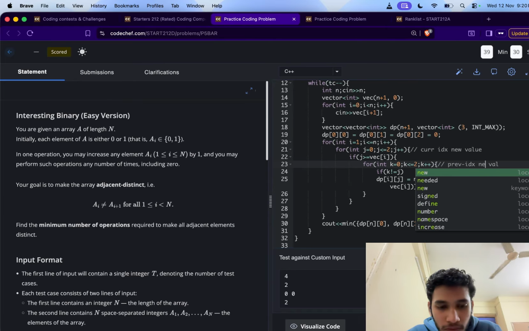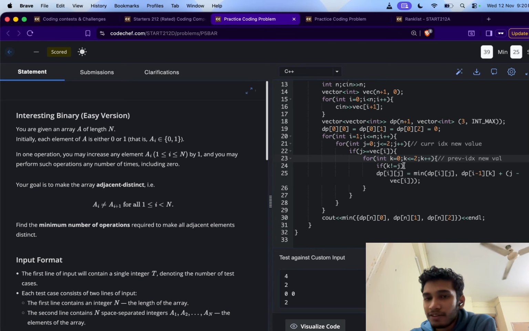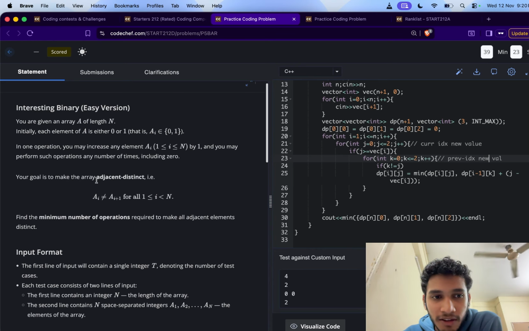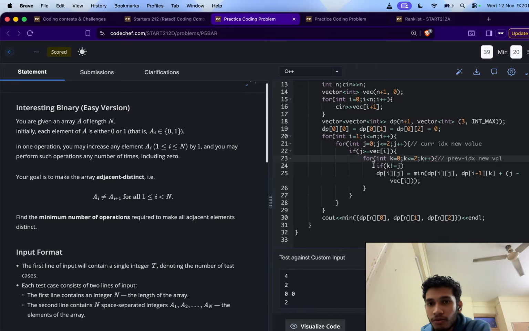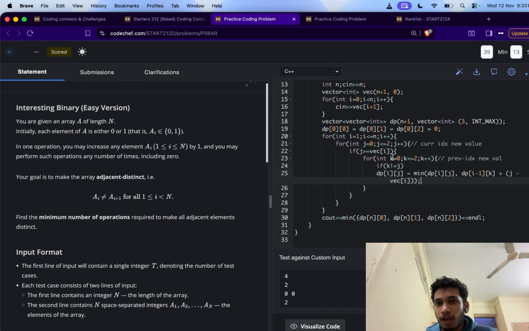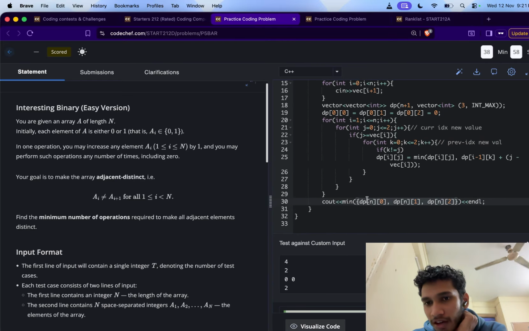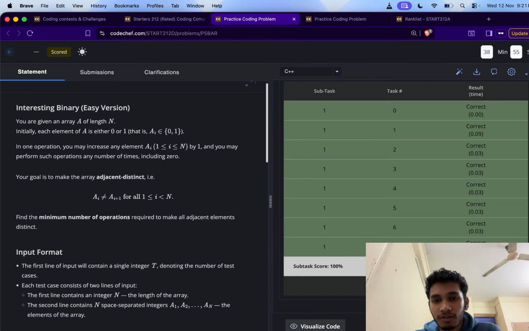If k and j are matching, this is the case of adjacent same elements, so we need to remove that condition, and for all the rest of the cases, we just update it as the minimum of the operations required to make the current index j and take the previous index as k. And at the end, the answer is the minimum of whether the last element is 0 or 1 or 2. And that's an accepted solution.